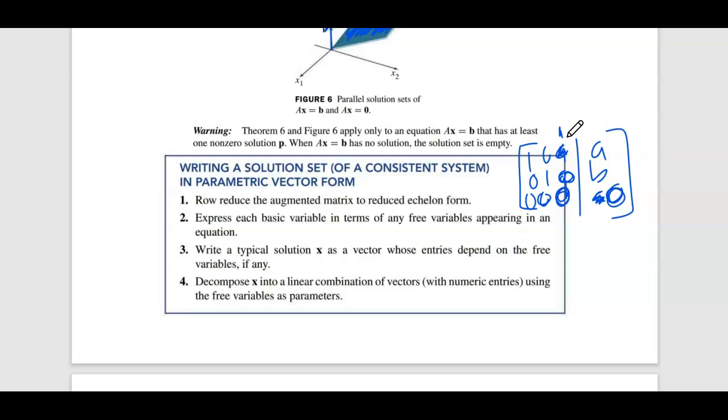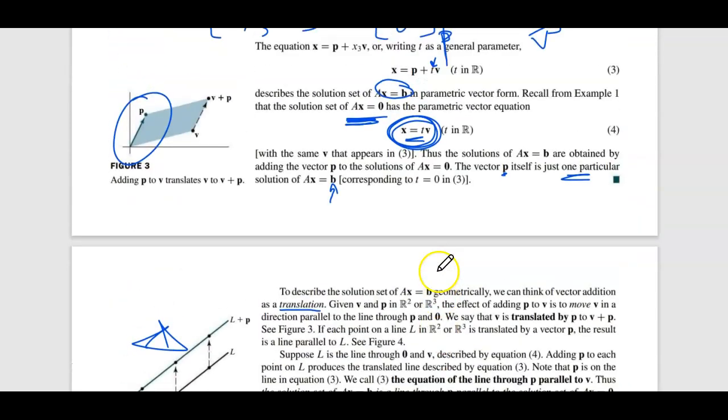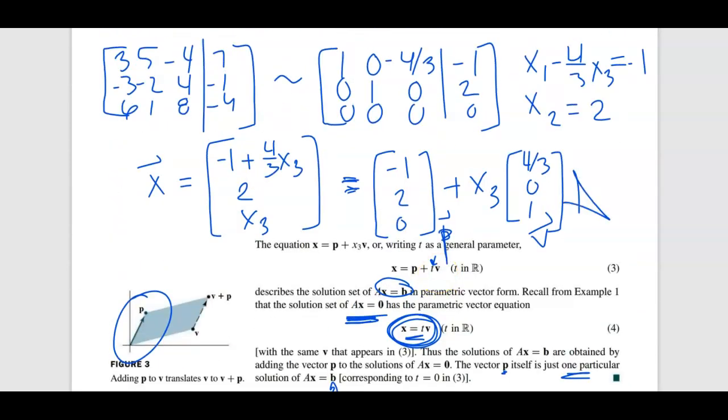So you're going to find that x vector. Writing in terms of the free variables, write a typical solution as a vector whose entries depend on the free variables and those that don't, and then look at this as a linear combination of vectors, very similar to what we did right here. So this is our linear combination of vectors that you would write this in.